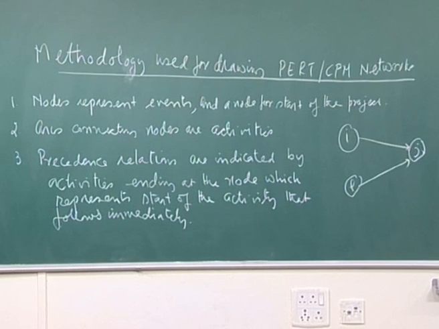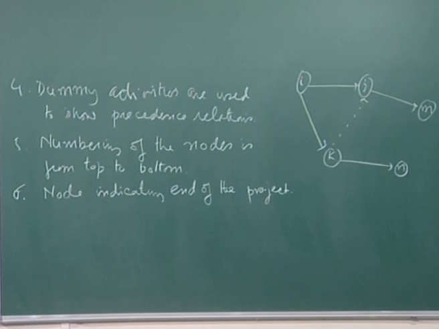So, this is the kind of precedence relationship we depict in the network, and we often use dummy activities to show precedence relations. For example, for activity jm, activities ij and ik both are predecessors, but since activity ik is also a predecessor for activity kn, in the network I have joined k and j by a broken arc which denotes a dummy activity.